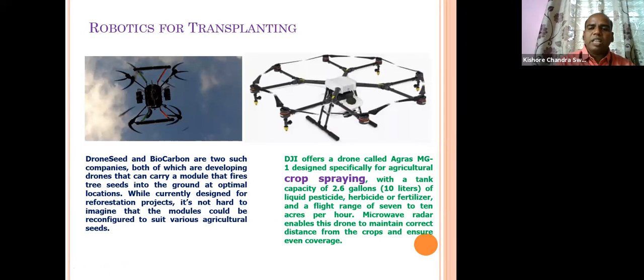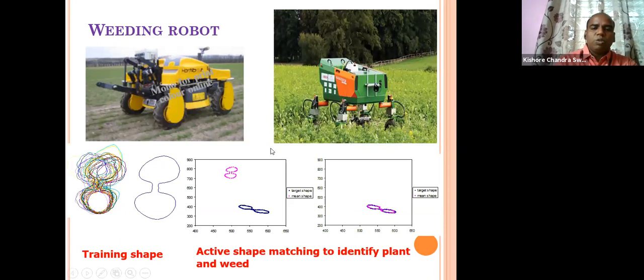Before, they were spraying using aerial vehicles, but now using small drones we can do the spraying work, because with a drone we can maintain height and there will be less aerial disturbance, and we can do uniform spraying of pesticides.